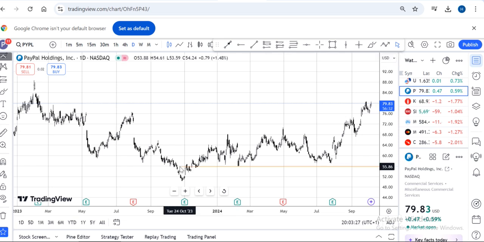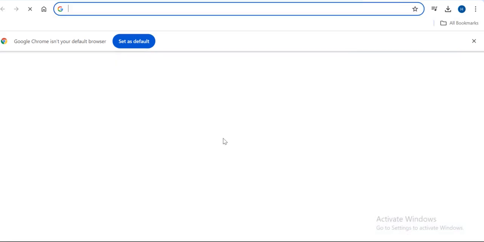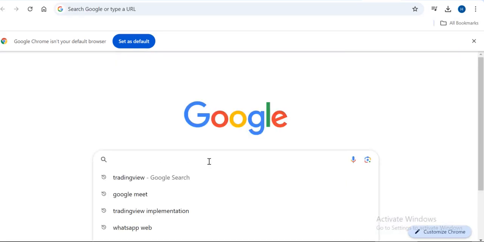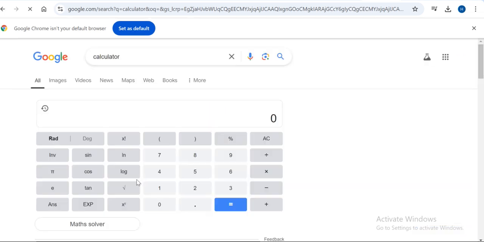at the price 55. Are you with me now? If you had purchased this stock at price 55, what we'll simply do is say 55.86 minus 79.84. We come here and make use of our calculator. I want to show you an estimate of how much you will be making with that particular stock if you had invested in it at a particular time up to this point in time.